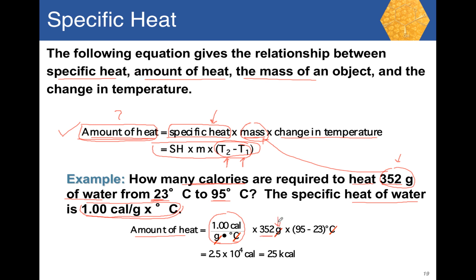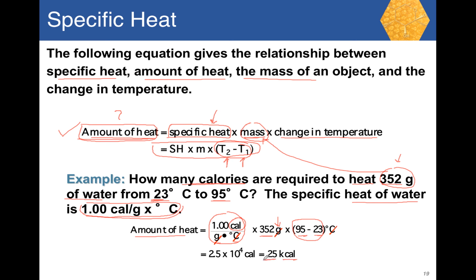We know it's the mass because of the unit. Here's where it becomes a little tricky. Times the change in temperature. So we started out at 95 minus 23. Here's where you have to use your calculator. What I would suggest is to do this calculation first, 95 minus 23, and then multiply that by 352 and multiply that by 1. Your units will cancel, and what's left is just the calories.